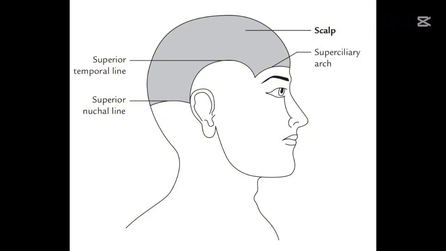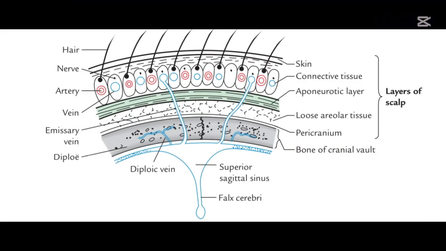Then the layers. What are the layers of the scalp? Very, very important. Scalp is just a mnemonic: S-C-A-L-P, from superficial to deep.